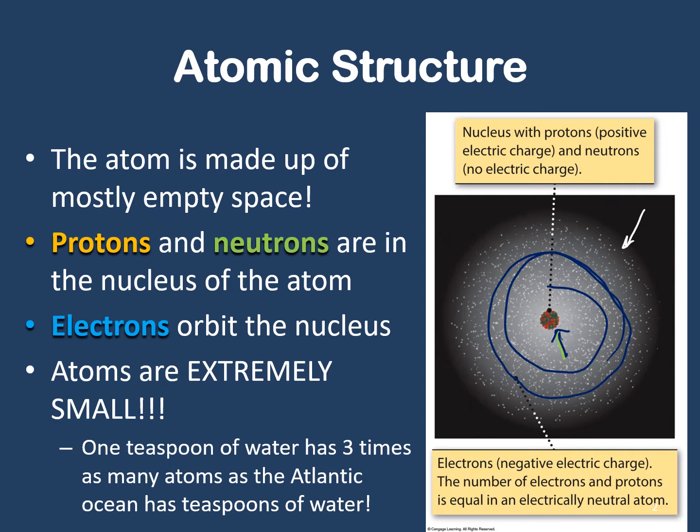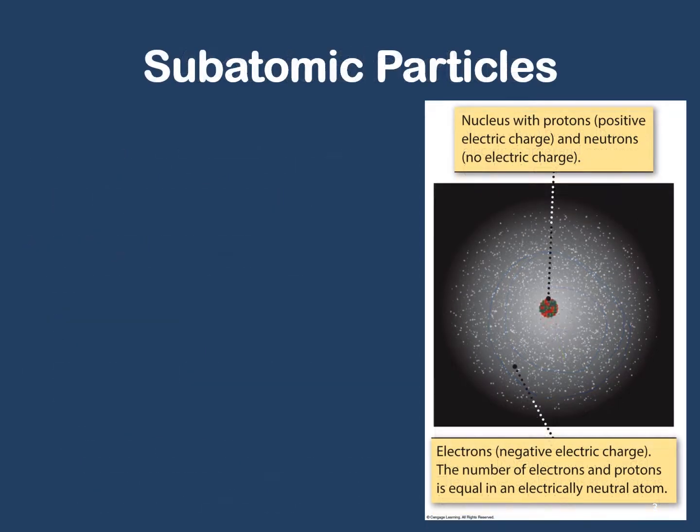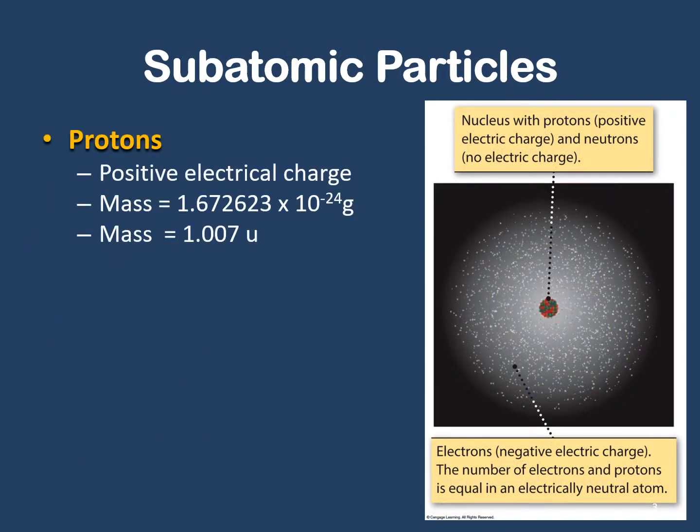So even that size of the Atlantic Ocean, if we measured that in teaspoons, 3 times that number is how many atoms are present in just one of those teaspoons. So very, very tiny, lots of them even in a small place.